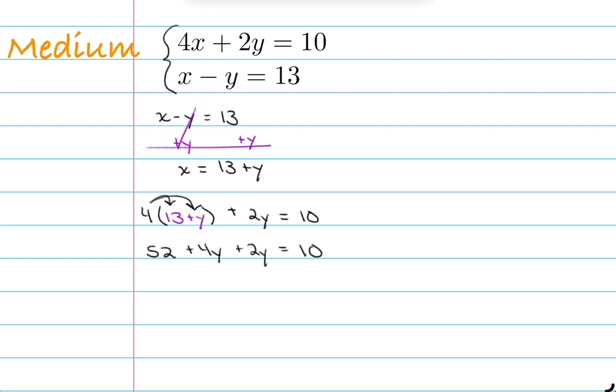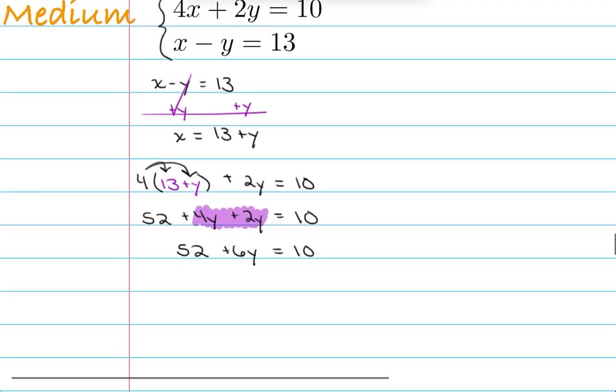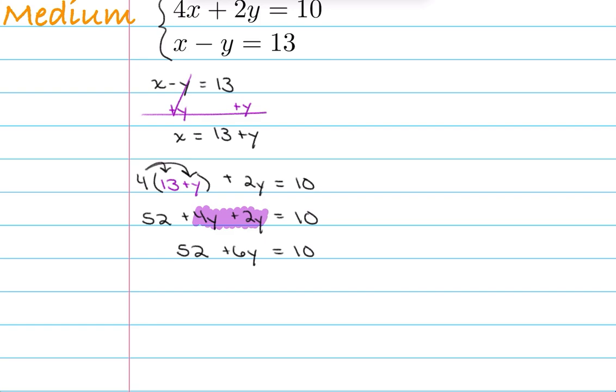I'm going to clean up a little bit more, so I am going to combine like terms right here. I've got the 4y plus 2y. So I have 52 plus 6y equals 10. And I'm going to solve for the y.